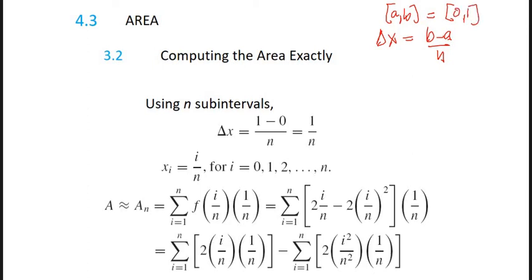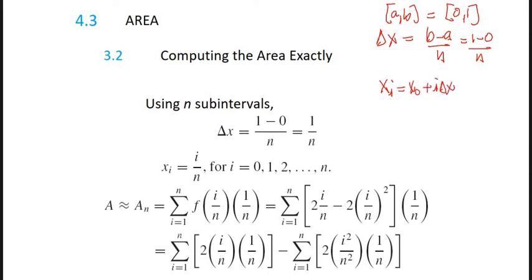So delta x is 1 minus 0 divided by n, that's why you get this in here. So our delta x now is going to look like 1 over n. How about our xi? If you remember, the equation for xi was x naught plus i delta x.